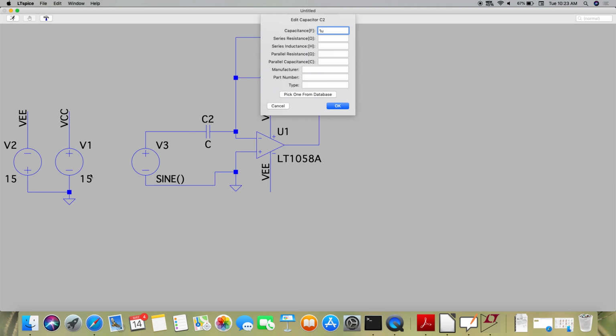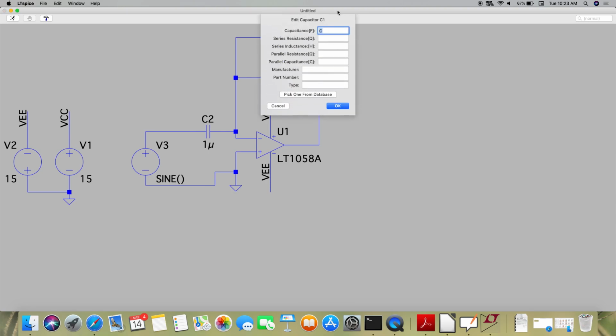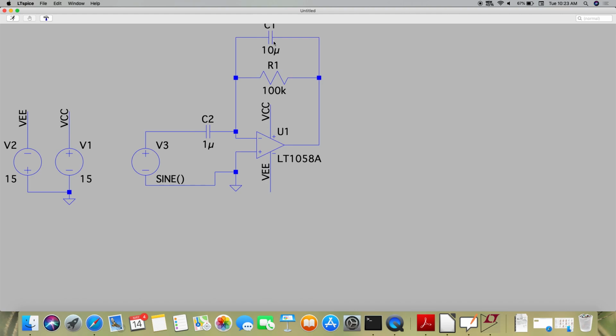Remember that. Do not add units anywhere. So here you can see it's 1 micro. Again for this resistance, I can keep, let's say, 100 kilo. And for the capacitor, I am keeping something like 10 micro. So it's 10 microfarad, right?